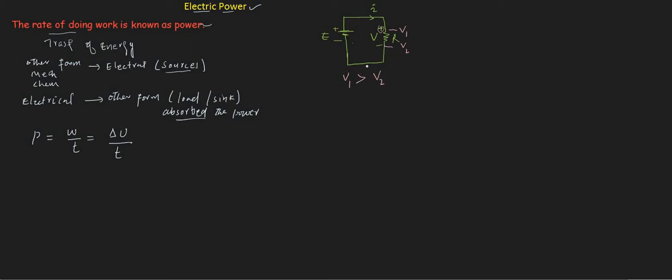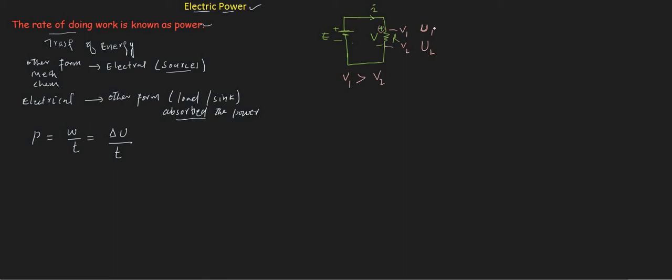As we discussed in the video on electrical potential difference, if there is a potential difference across the terminals of a resistor or any other component, there must be a drop in electrical potential energy. At point 1, let's say the energy is U1, and at point 2, the electrical potential energy is U2.